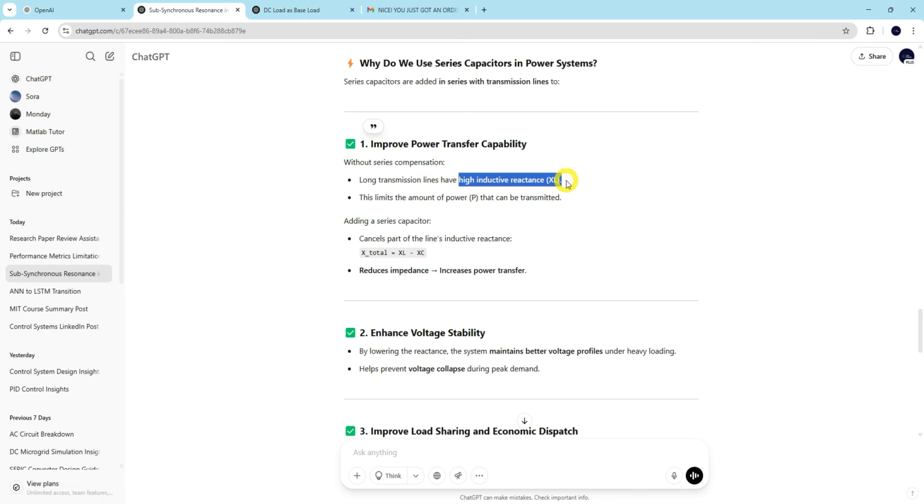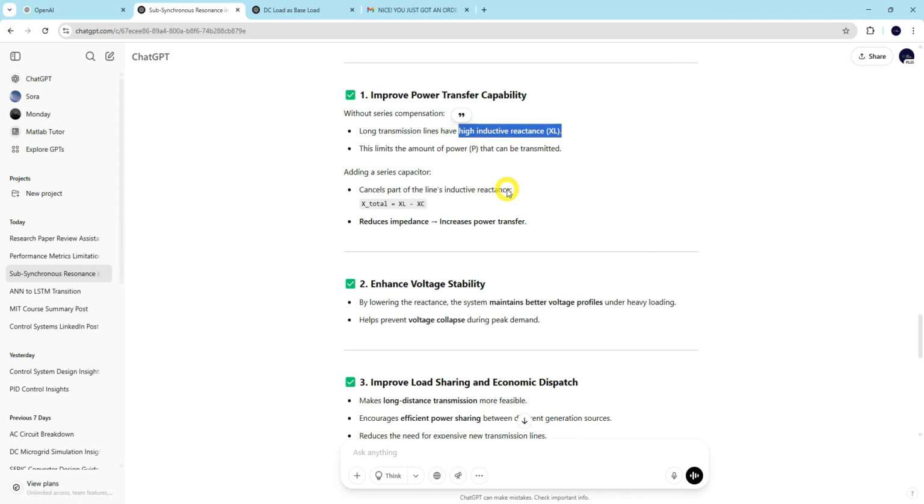In order to reduce that inductive reactance effect, we add the series capacitor. By adding the series capacitor, it reduces the impedance. If it reduces the impedance, we can increase the power transfer capability of the transmission line. For that purpose only we go for series capacitor compensation.